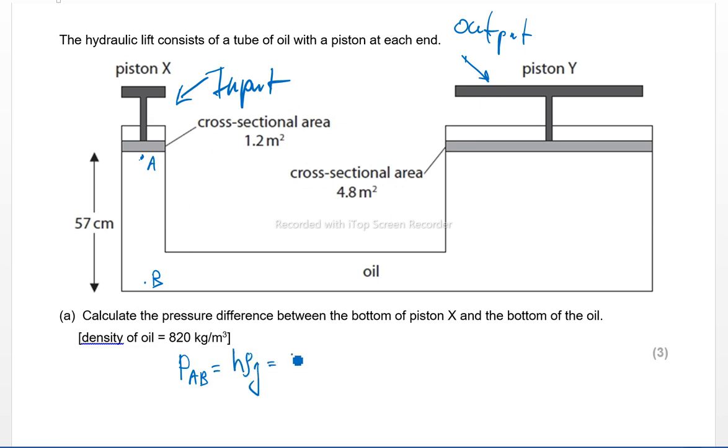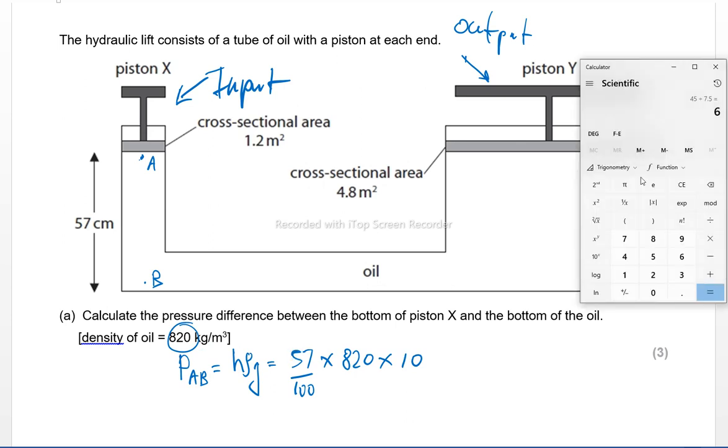So height is how much? 57 centimeters. To convert into meters, you have to divide by 100. Density is 820. The question has said that it's 820, and gravitational acceleration will be 10. So we'll simply get the calculator and get the answer.